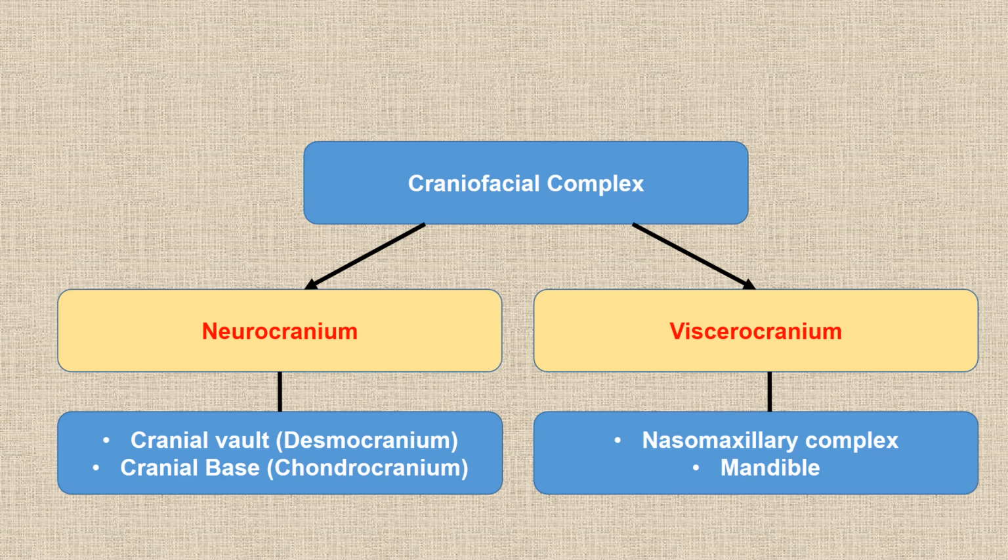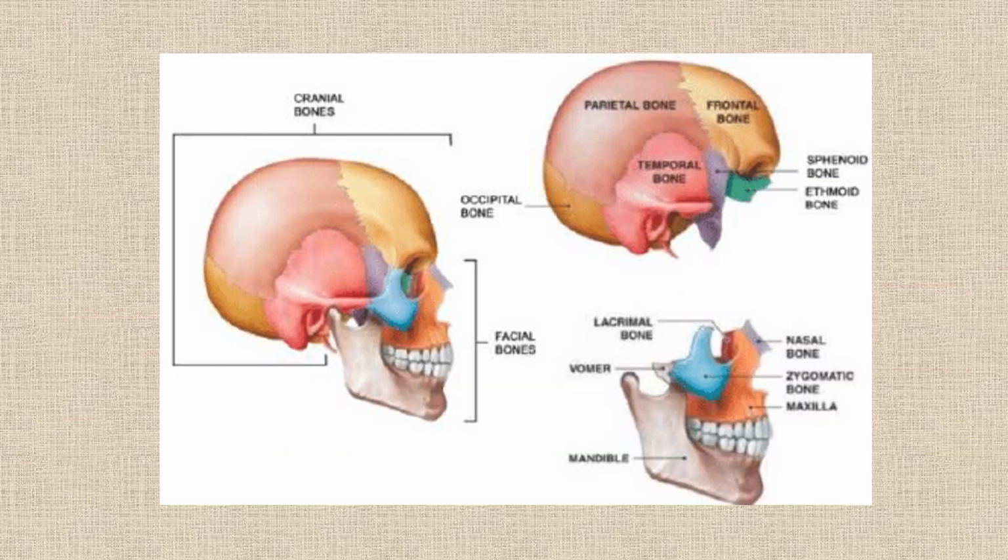The viscerocranium consists of the nasomaxillary complex and the mandible. Here is a diagrammatic representation of the skull, and this portion of the skull is what is known as the neurocranium, and this portion is known as the facial skeleton.